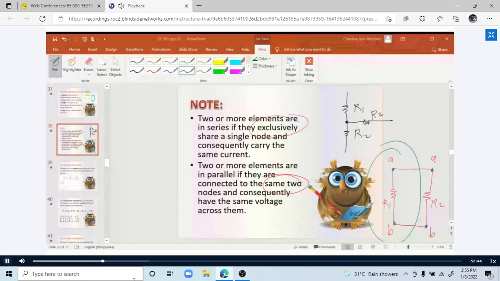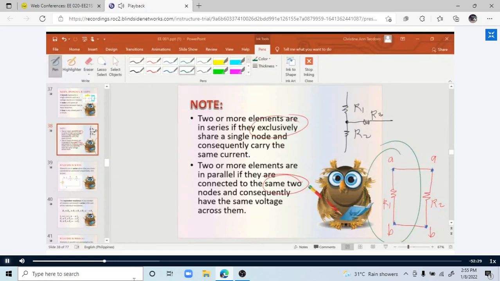If couples are holding their hands together, it means that the left hand of the boy is holding the right hand of the girl. Basically, that situation is a series situation.